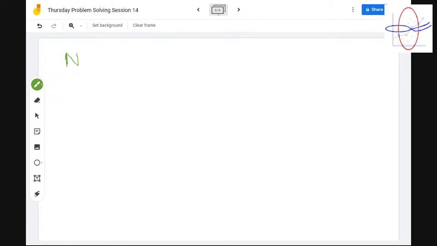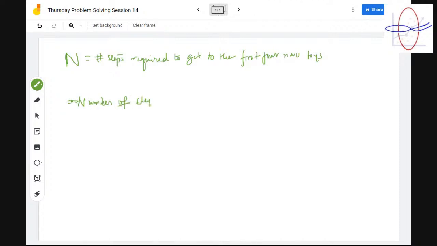If you want to define it logically, you will get that the number of steps required to get to the first new toy can be written as n1, number of steps required to get to the first new toy, plus number of steps required to get to the second new toy.